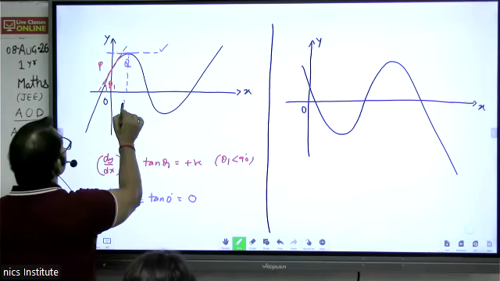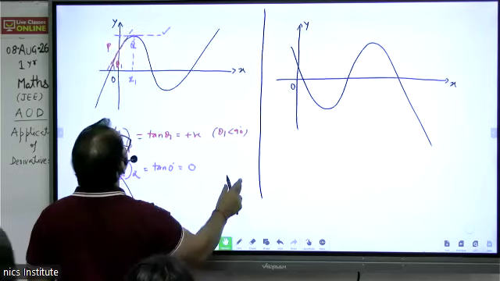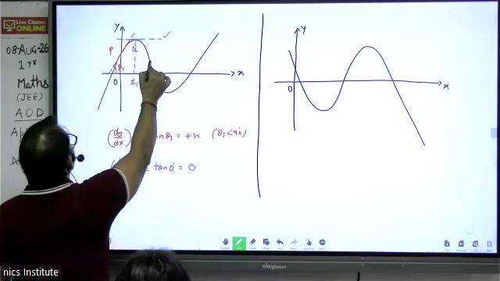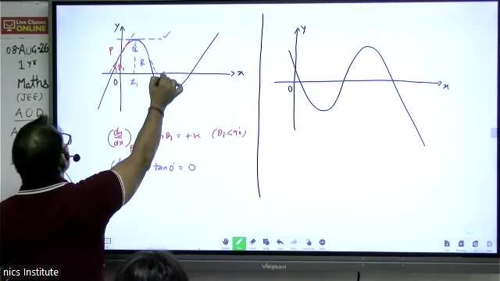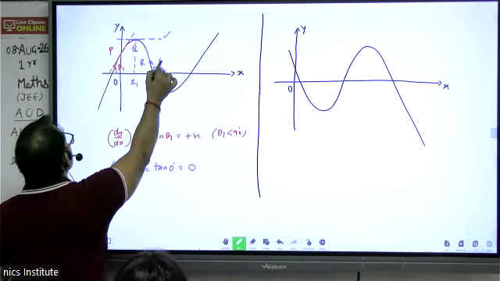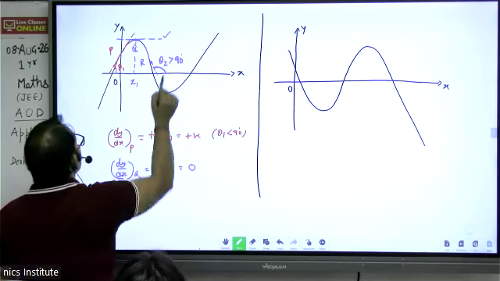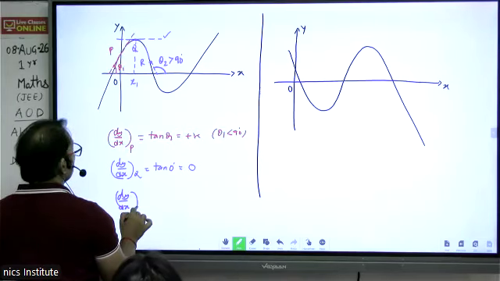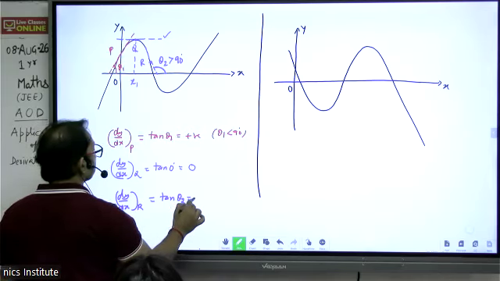So this point is x1. I take another point, say this point is R. If you draw a tangent over here, what about this angle? This angle is theta 2 and it will be more than 90. So dy by dx at R will be tan of theta 2 and that will be negative, right?